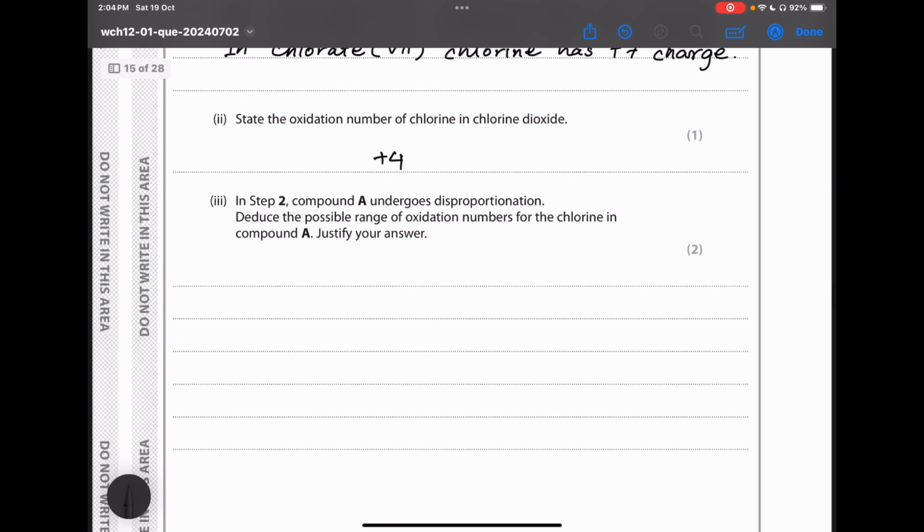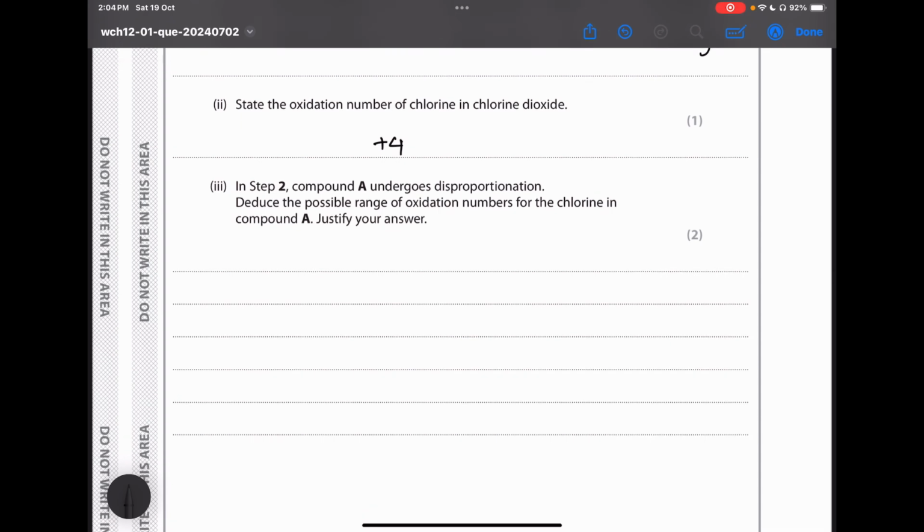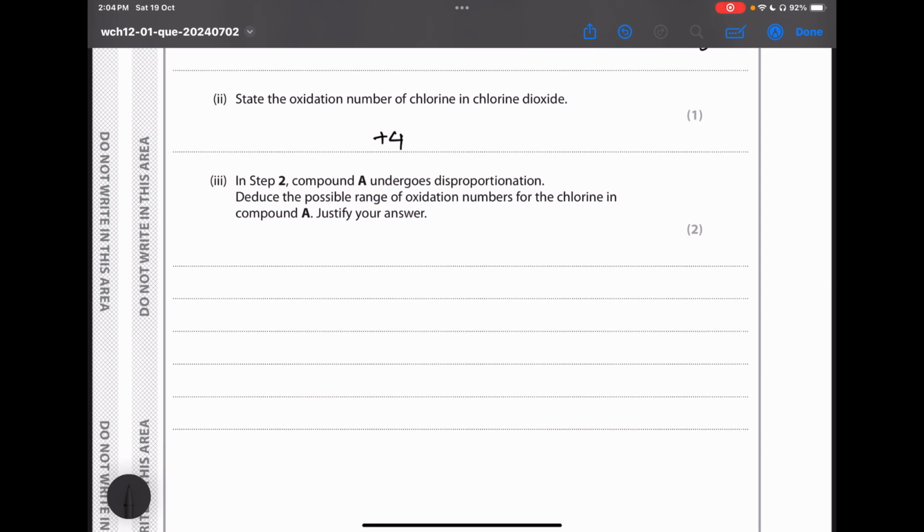Now in step 2, compound A undergoes a disproportionation reaction. Deduce the possible range of oxidation numbers for the chlorine in compound A. Justify your answer. Okay. Now both of them are between oxidation number, oh no, my bad, sorry. It will be between actually +4 to +7.